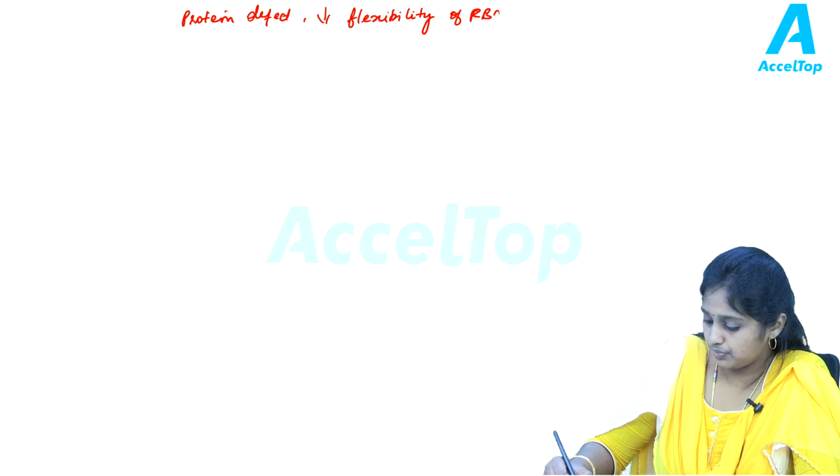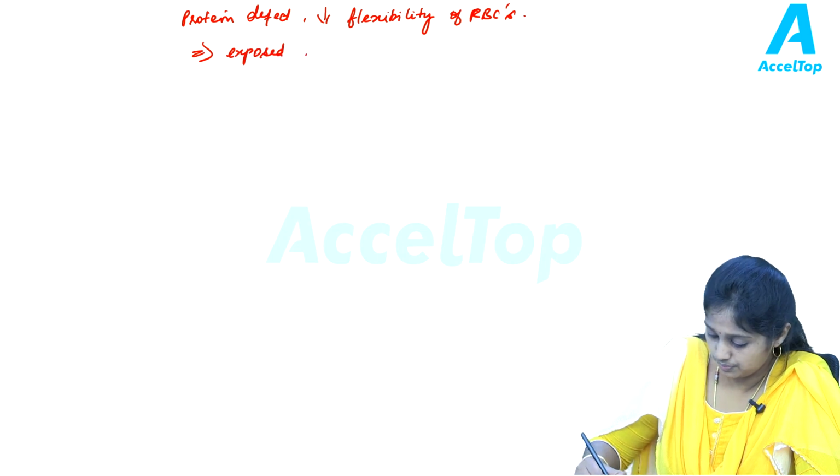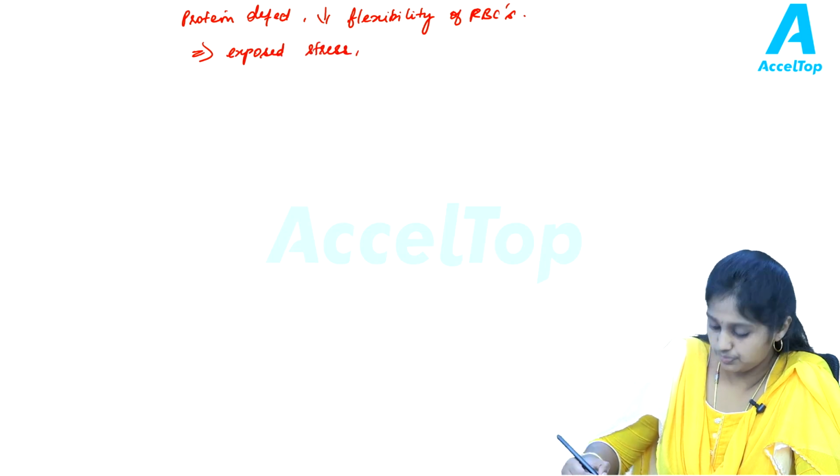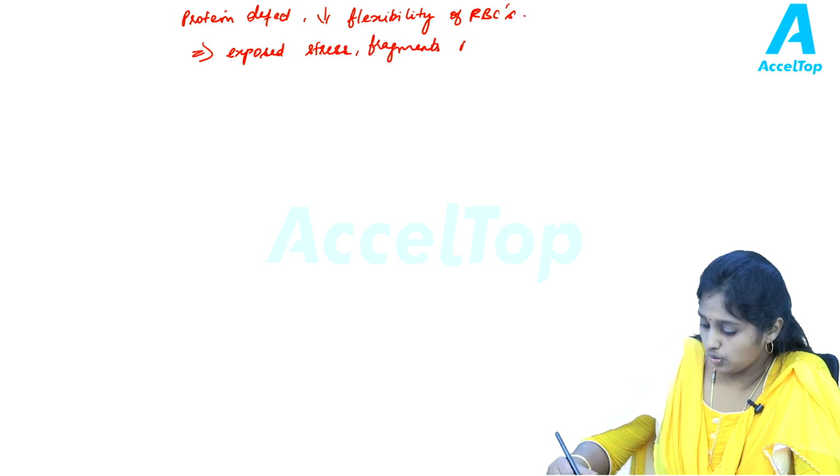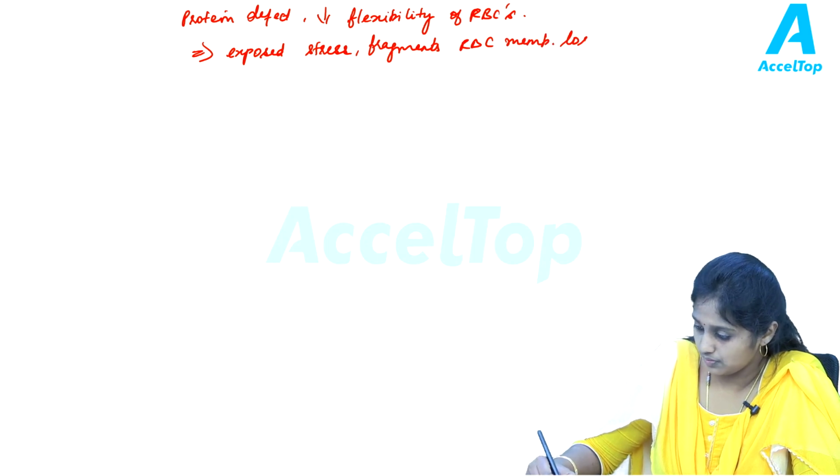There is a decrease in the flexibility of the RBCs. So, when these RBCs are exposed to shearing stresses, fragments of red cell membranes are lost.